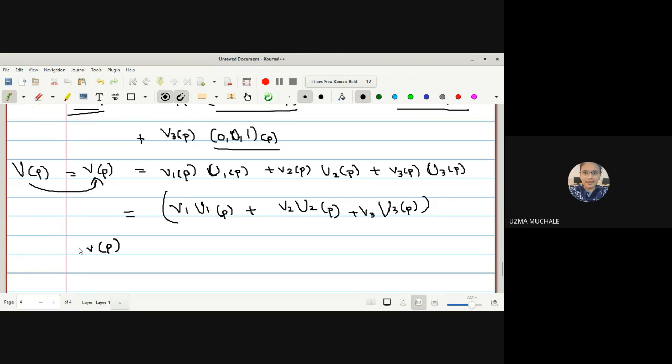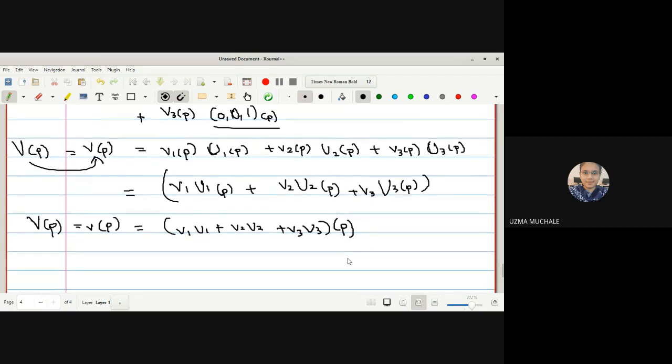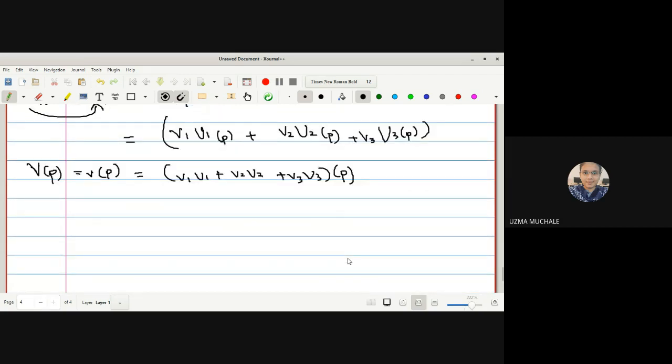This is the tangent vector, and the vector field capital V evaluated at a point P is equal to V1 U1 plus V2 U2 plus V3 U3 evaluated at point P. Now as point P is an arbitrary point, we can take the resultant as V equal to V1 U1 plus V2 U2 plus V3 U3.